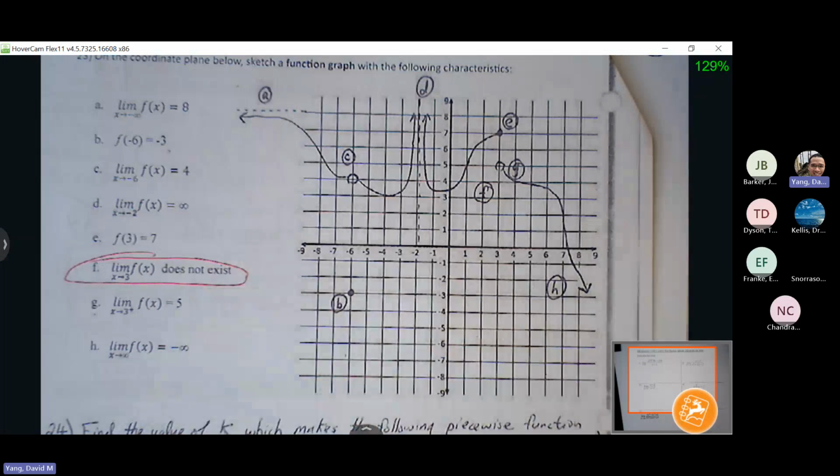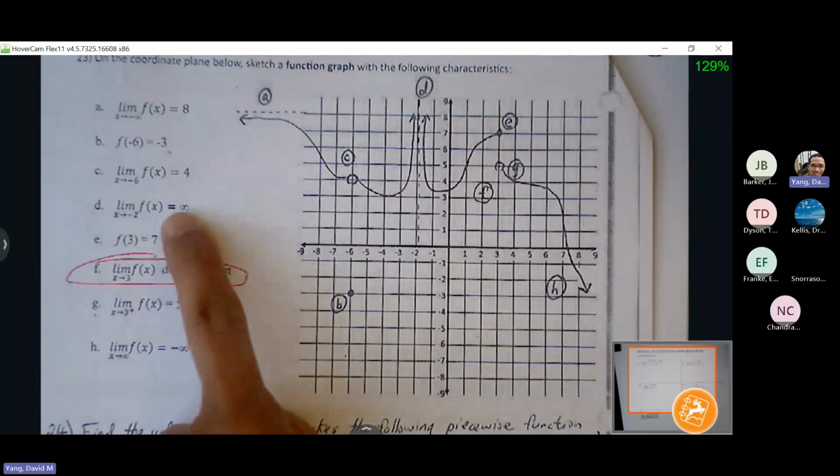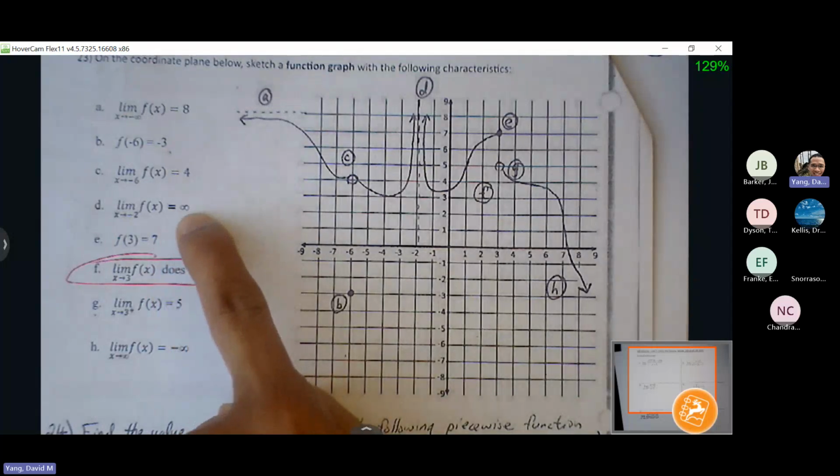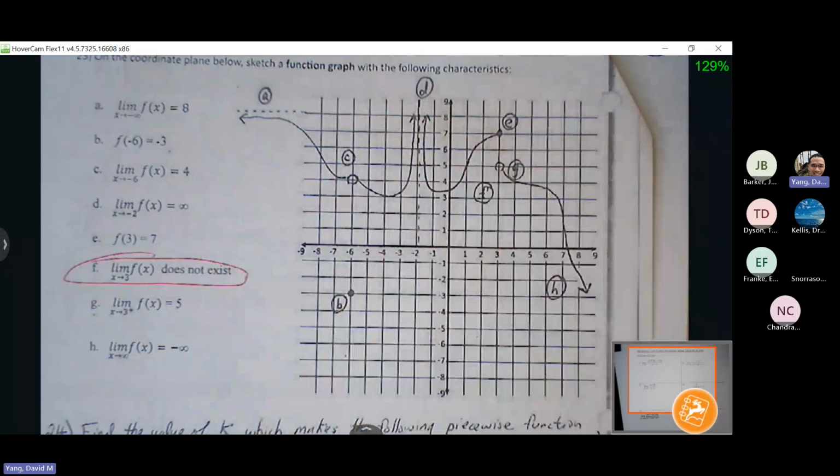For E, they have to go the same direction. They both need to go up because that infinity is telling us the behavior from both sides. So we do need to see both arrows pointing up.